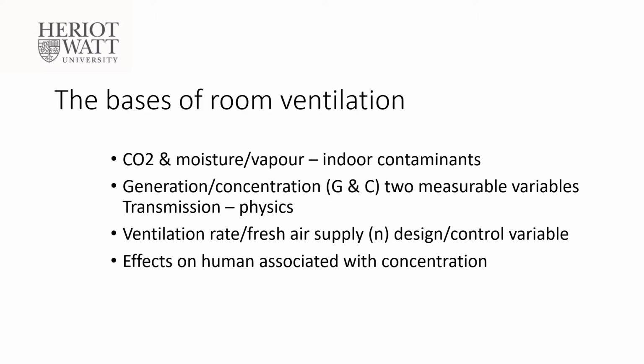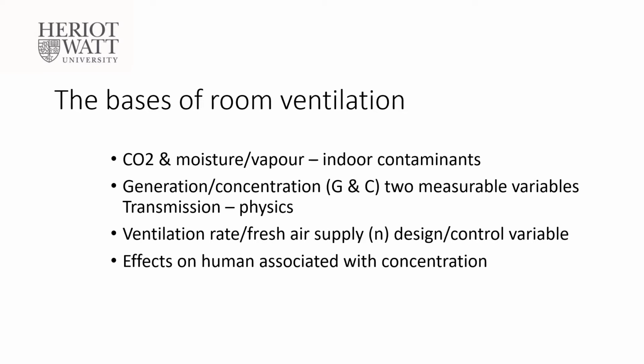The basis for room ventilation can be seen as using simple, common indoor contaminants like carbon dioxide or moisture. Both are from occupants. Now, how do we quantify those indoor contaminants? This has already been well established. Basically, we use two variables.